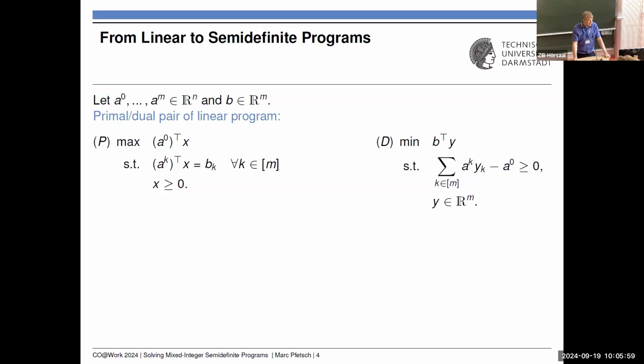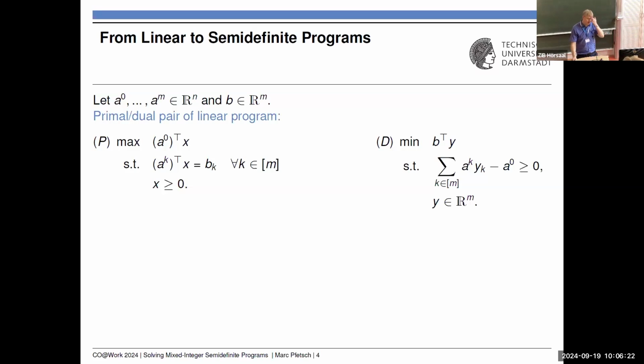We minimize the right-hand side of the primal times the dual variables, and then we have inequality constraints. We sum up these vectors a1 up to am times yk, and then we subtract a0, and this should be greater or equal to 0.